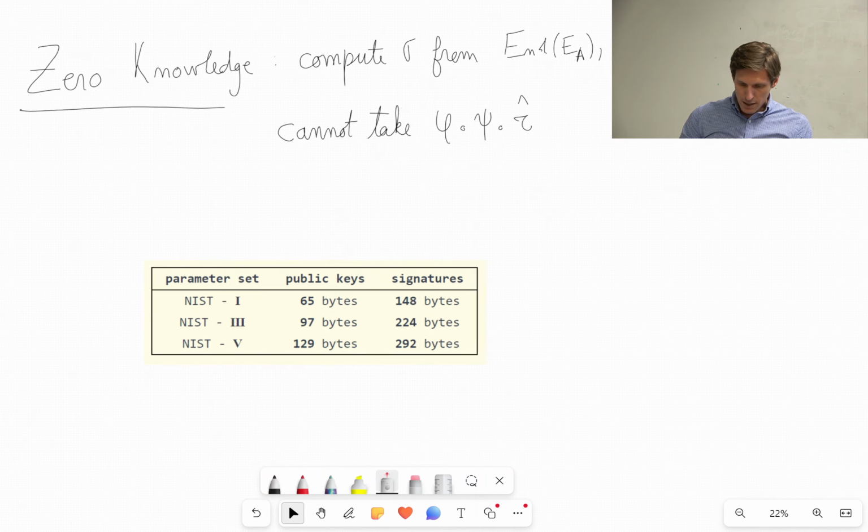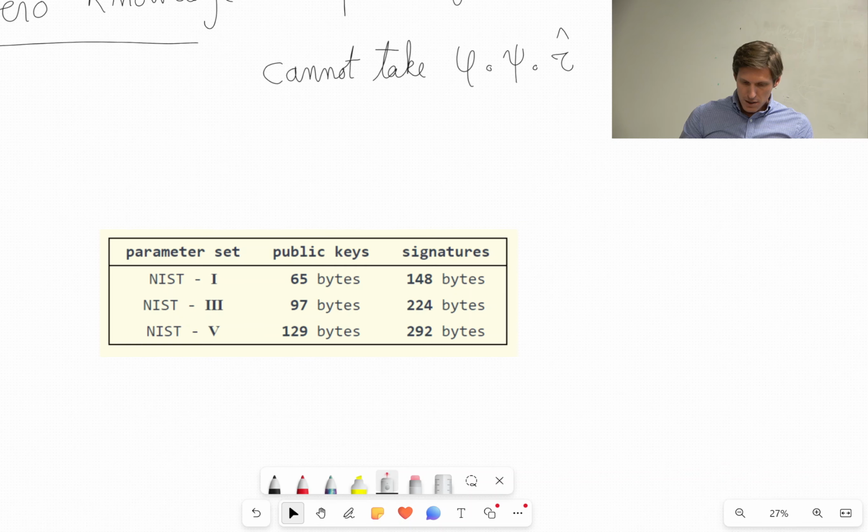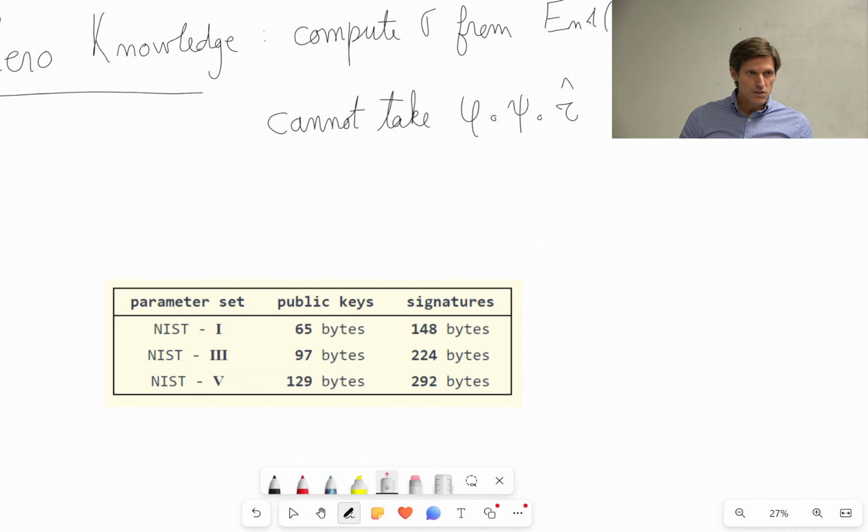I'll just mention one last time, perhaps if there's one takeaway from a talk on isogeny-based crypto, that the schemes being produced using those assumptions, deriving KEMs or digital signatures, are usually very compact.